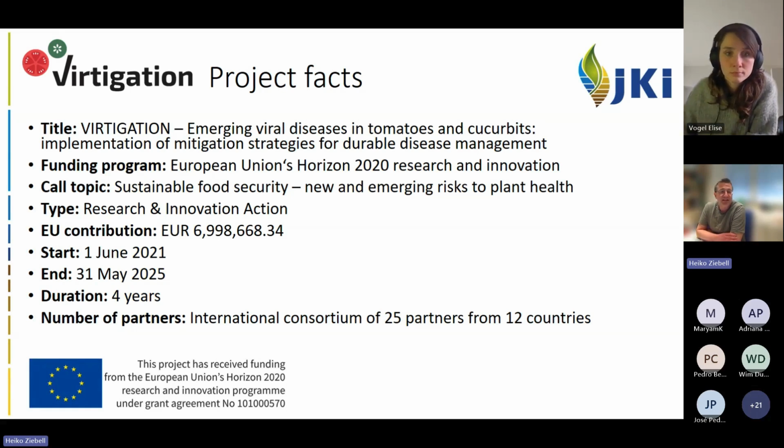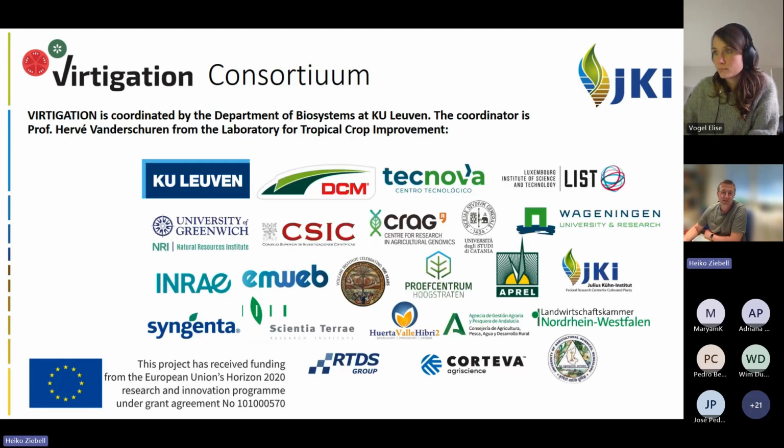The project has been running for quite a while and will come to an end this year. We have an international consortium of 25 partners from 12 countries, coordinated by Evert van der Schuren from the University in Leuven in Belgium.